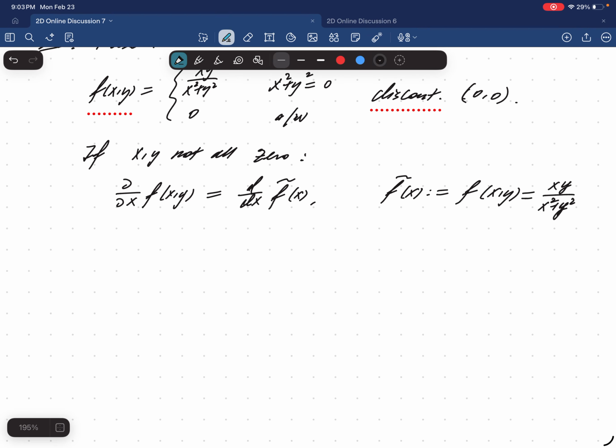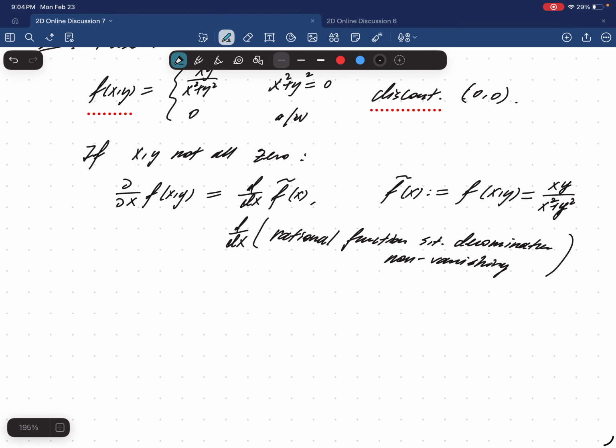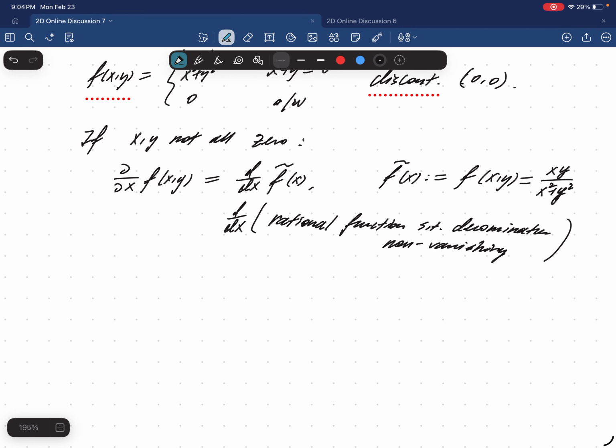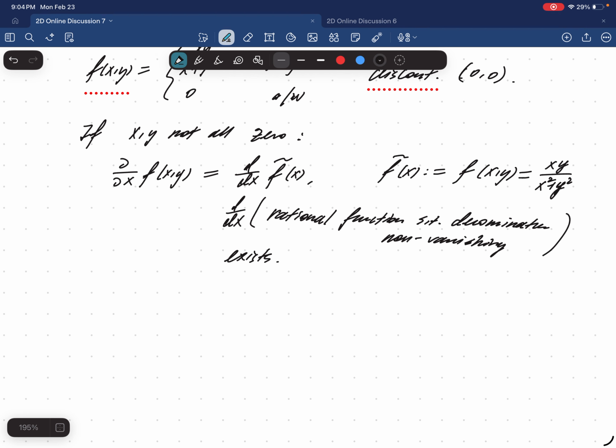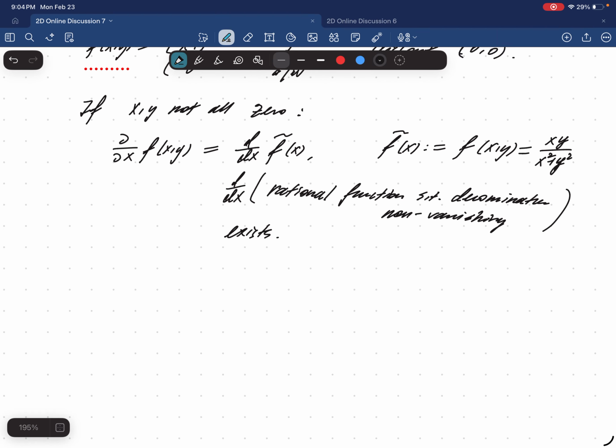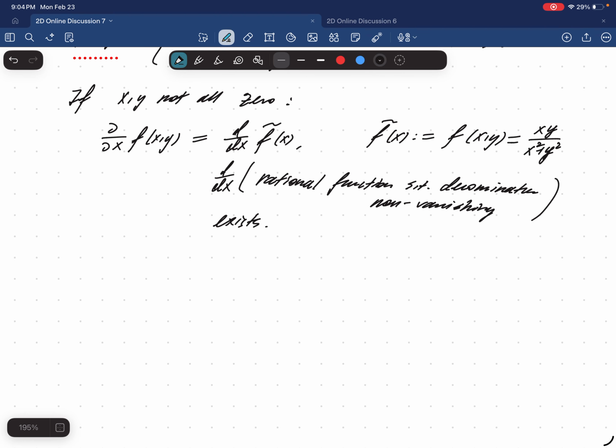So this is d/dx of a rational function such that the denominator is non-vanishing. So this always will exist. We don't need to compute it explicitly. We just need to say that it exists for any x, y that are not both 0.